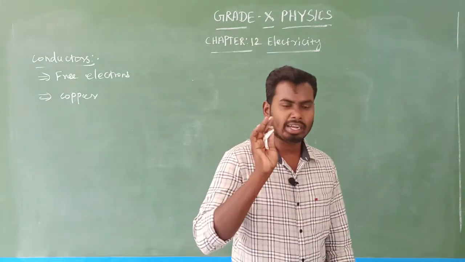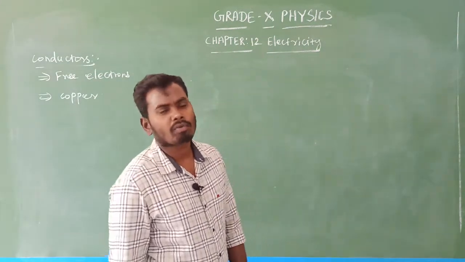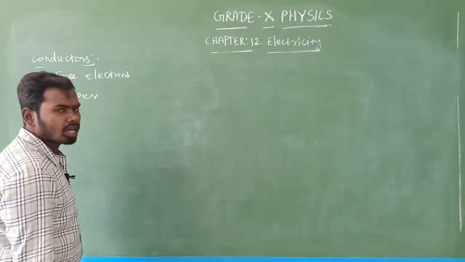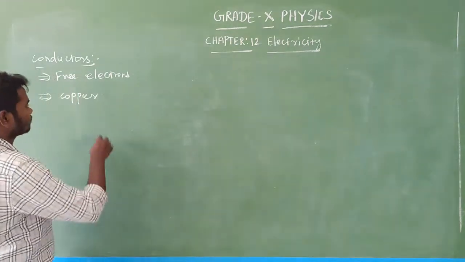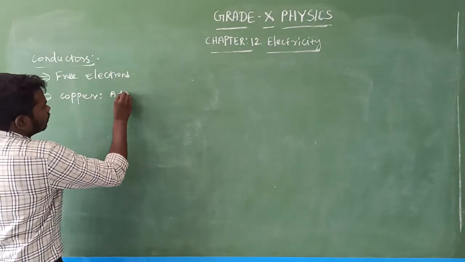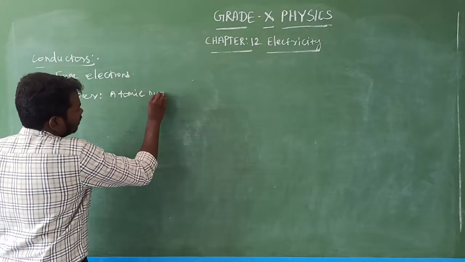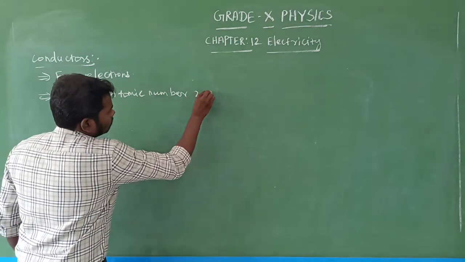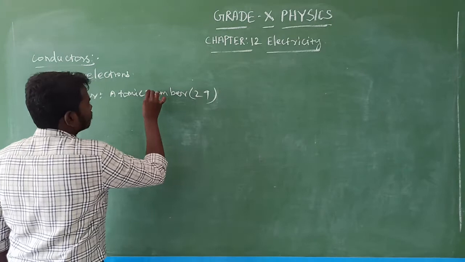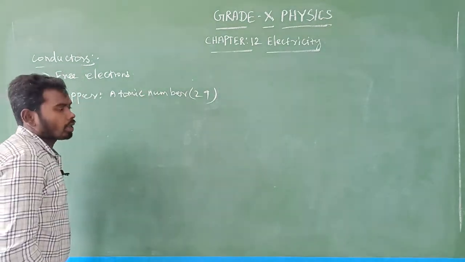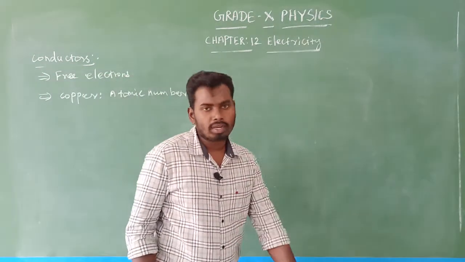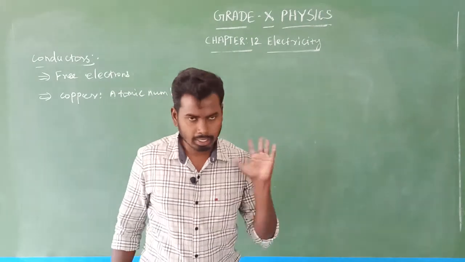What is the atomic number of copper? Copper atomic number is 29. Is it clear? Yes, very simple.